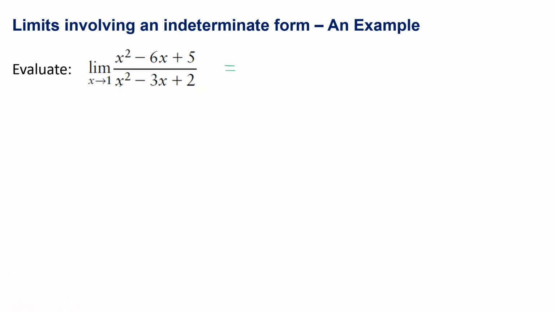If we insert x equals 1 into the numerator, that gives us 1 minus 6 plus 5. And if you insert x equals 1 into the denominator, this will give you 1 minus 3 plus 2. Then you will get an expression like 0 over 0, right? So what is this value?